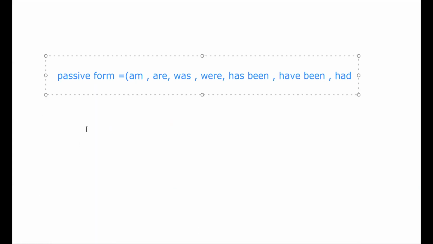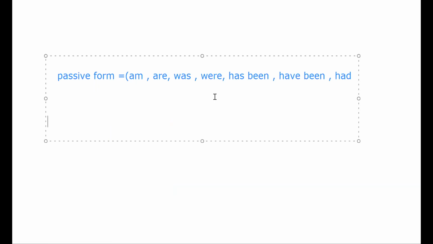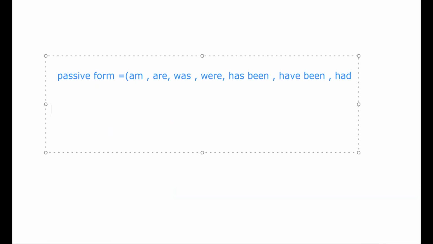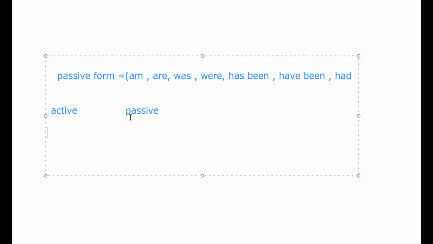Next, look at this one. Active, passive. Under active, if it is am eating, this is constant: the main verb is always V3 in passive.